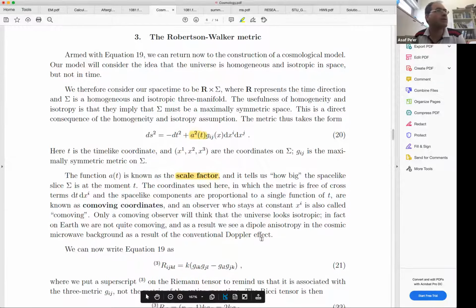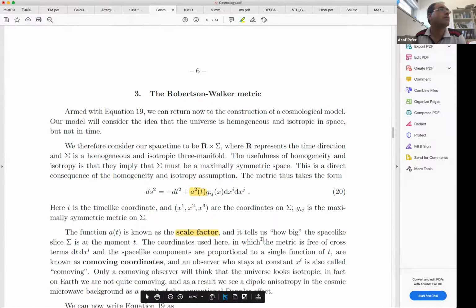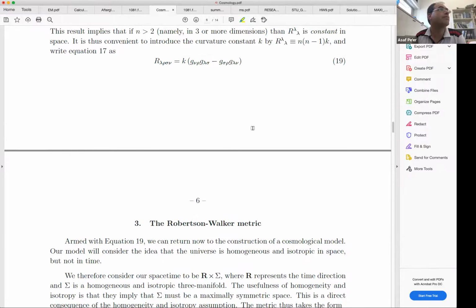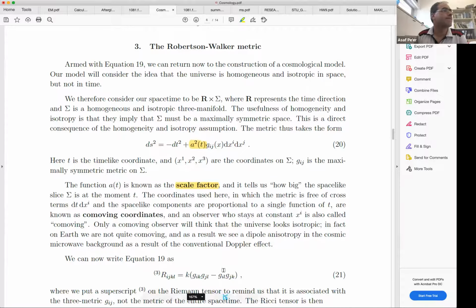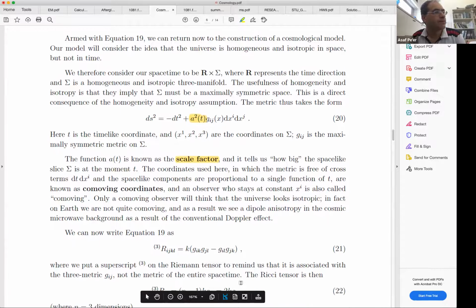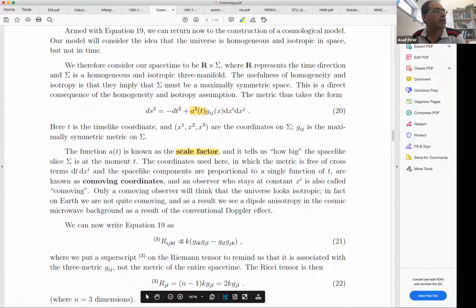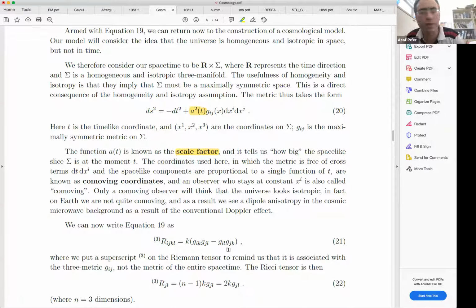This is exactly the same equation that was written above, only with lambda, rho, sigma, and nu now being replaced with i, j, k, and l. That's all. Right, so Rijkl in 3 dimensions is just k times Gik Gjl minus Gil Gjk.